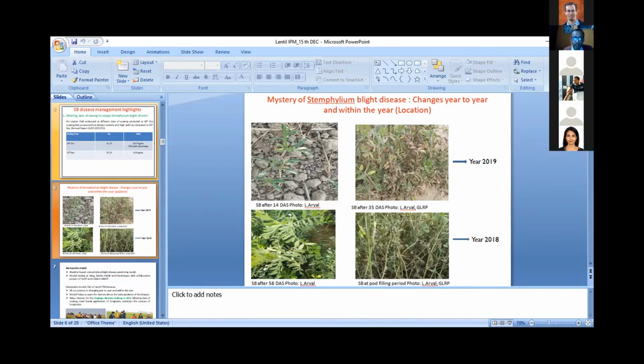It appeared 14 days after sowing, and at 35 days after sowing we can see the severity of the disease in 2019. But in 2018, the disease appeared 58 days after sowing, and at the pod filling stage the severity is at this level. So we cannot predict at which stage the disease will occur, and we have to monitor the disease from the early stage of the crop.